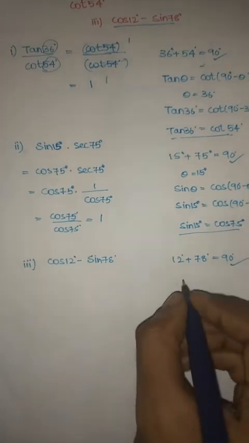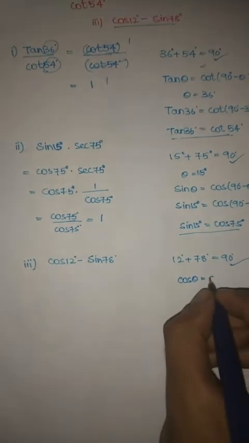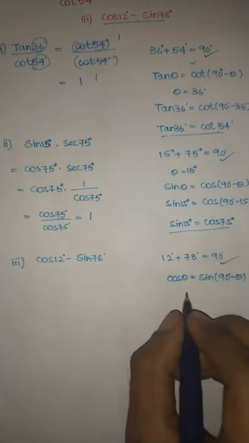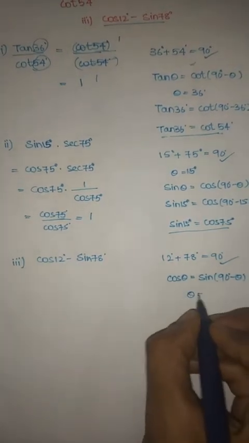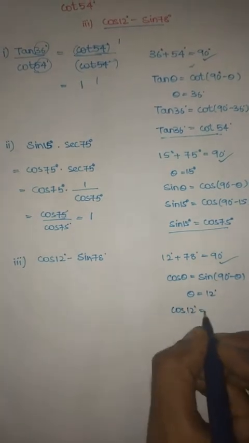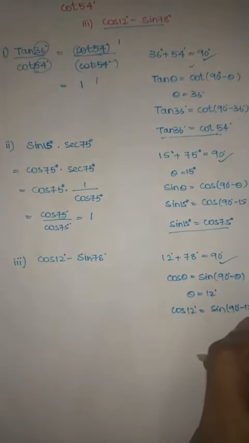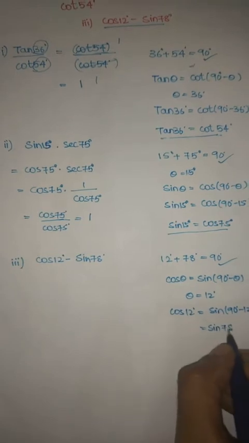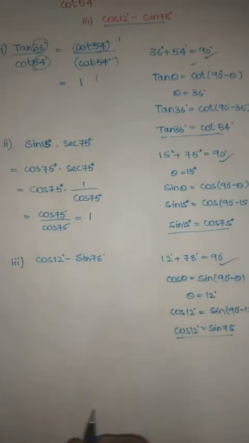We know cos theta is equal to sin 90 minus theta. In place of theta we need to place 12 degrees. So cos 12 degrees is equal to sin 90 minus 12 degrees. 90 minus 12 is nothing but sin 78 degrees. So cos 12 degrees is nothing but sin 78 degrees.